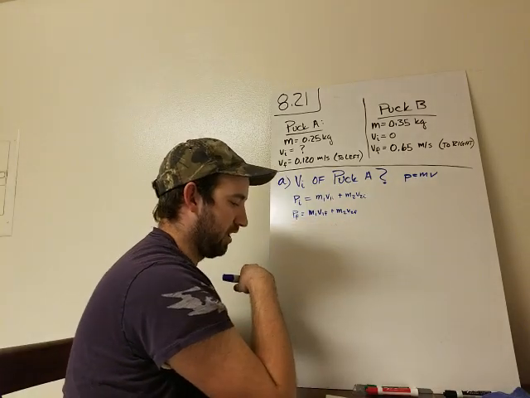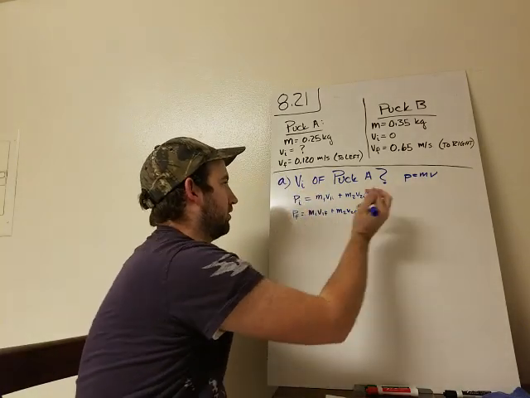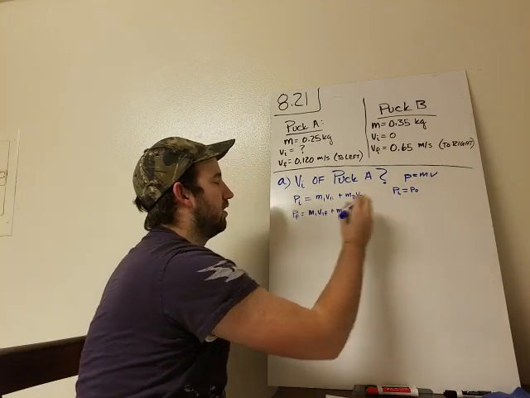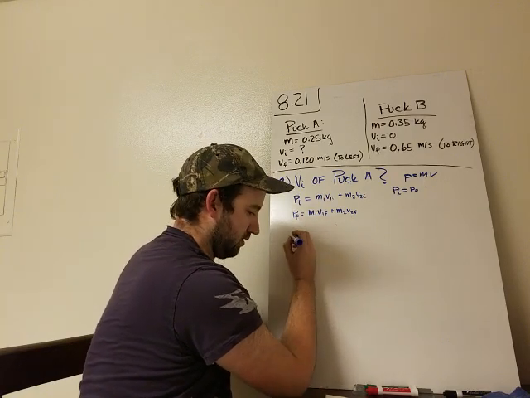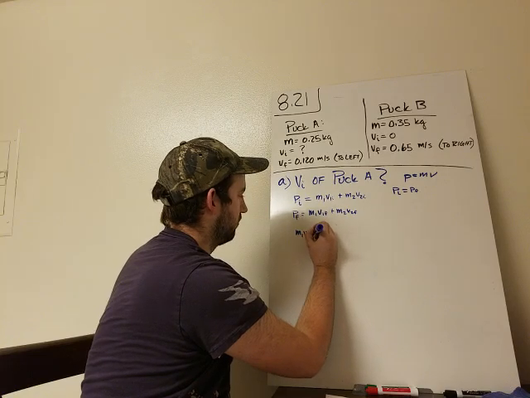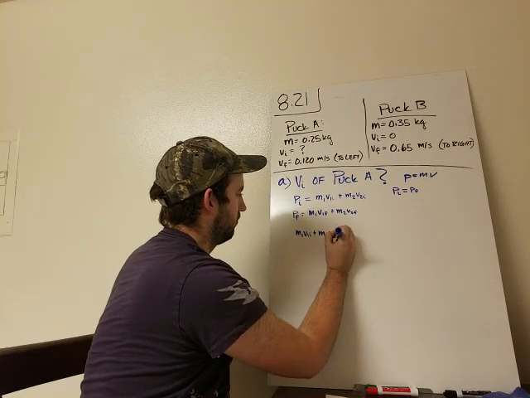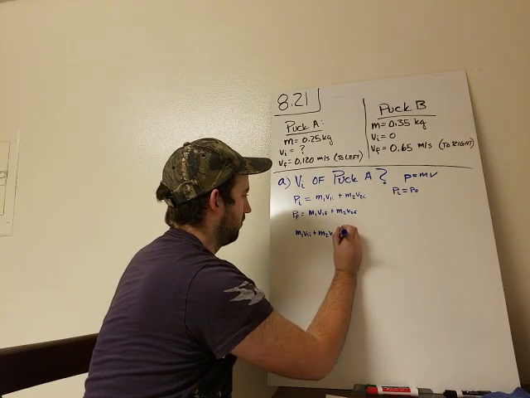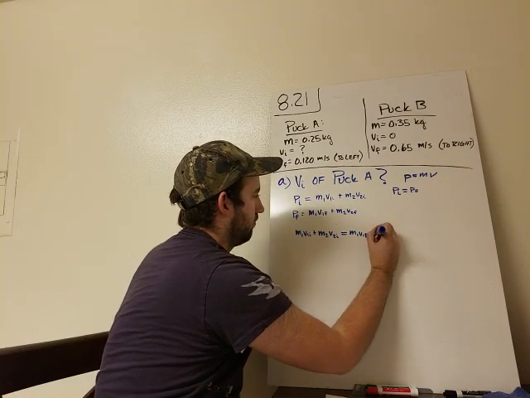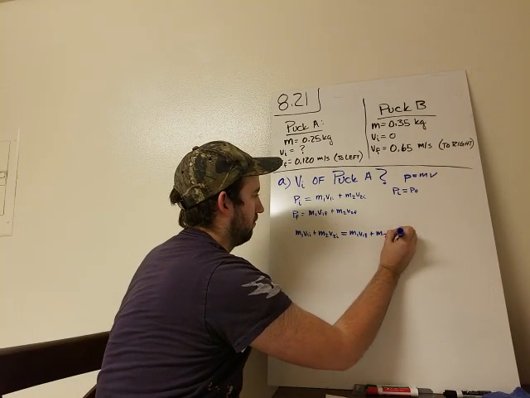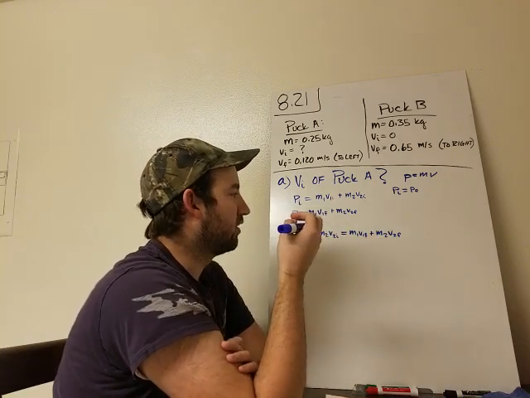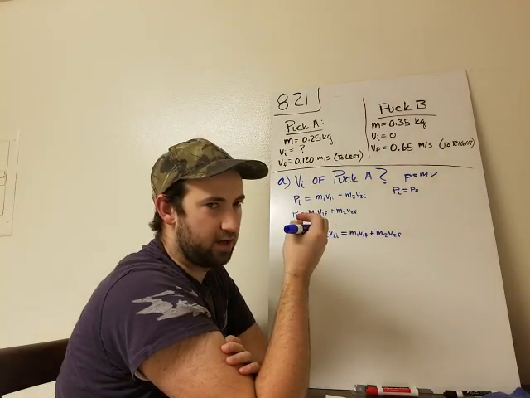So now that we have these, we can set them equal to each other, right? Because we know Pi equals Pf. So we get M1 V1I plus M2 V2I equals M1 V1F plus M2 V2F.